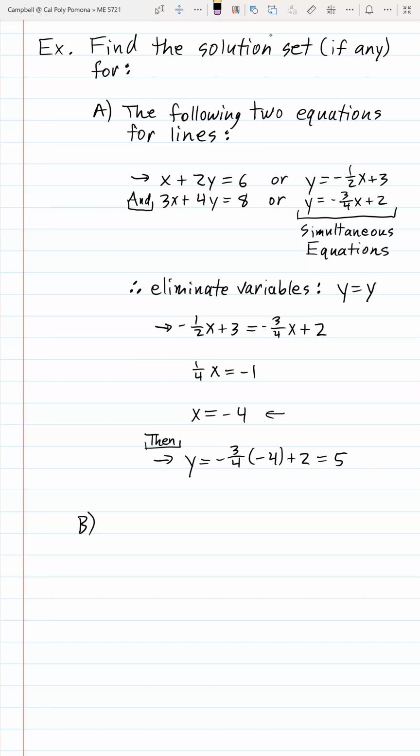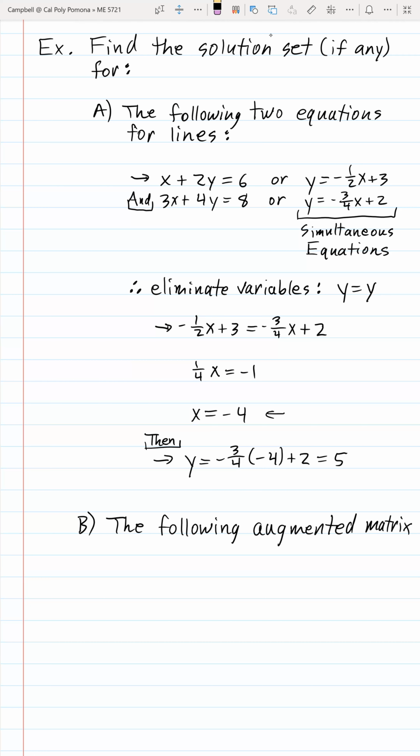That, of course, is meant to lead us into the next part of the example, where I'm going to use exactly the same values. So let's go ahead and find the solution set for the following augmented matrix. Now, of course, what's an augmented matrix?